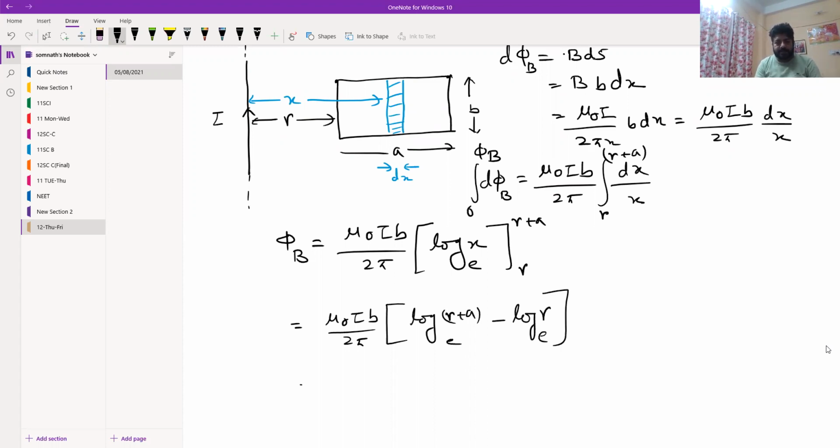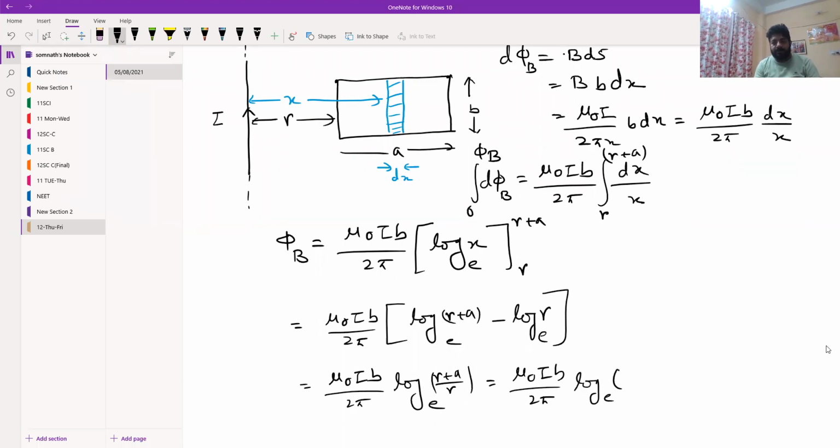That is mu naught I B by 2 pi log of (R plus A) by R, base e. You can also write it as mu naught I B by 2 pi log base e (1 plus A by R). Yes or no? Yes sir. Okay.